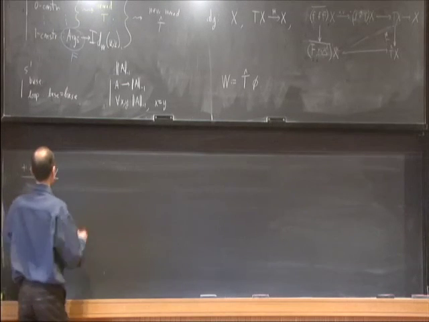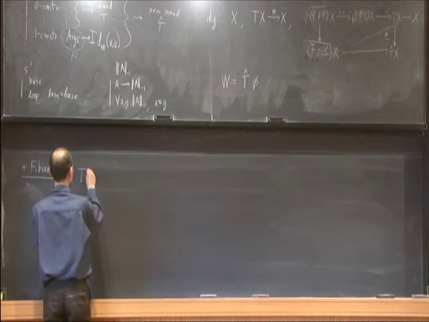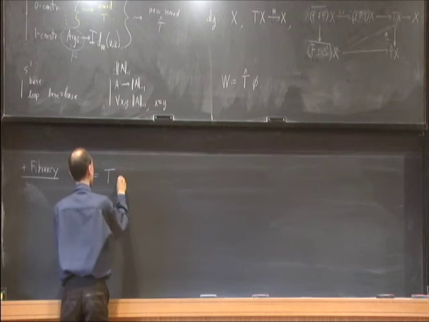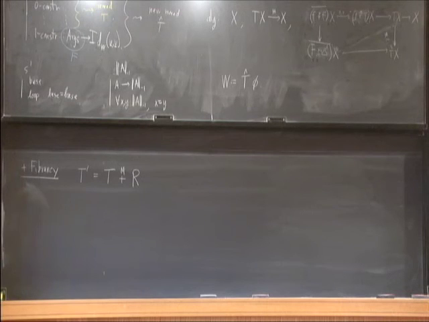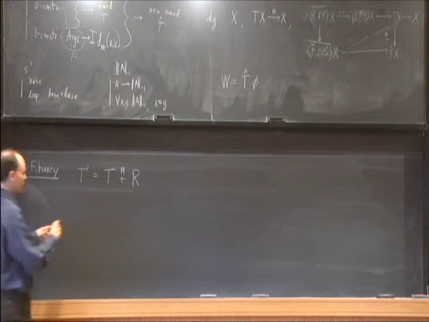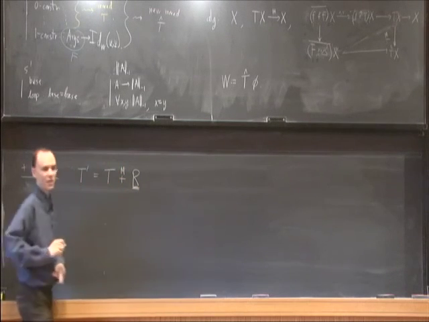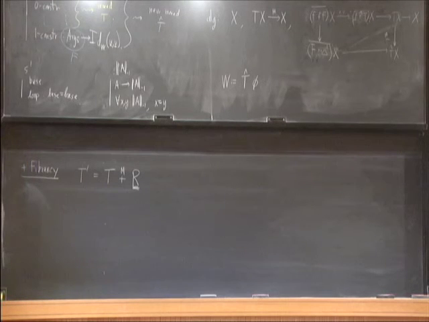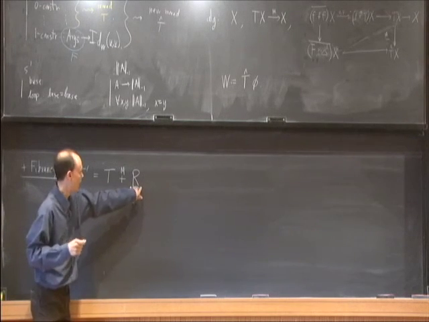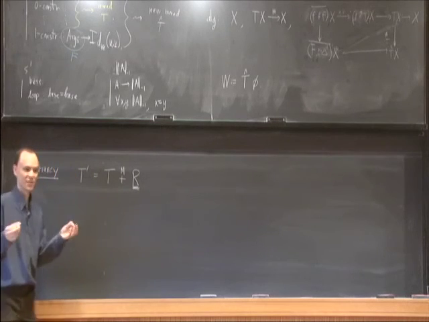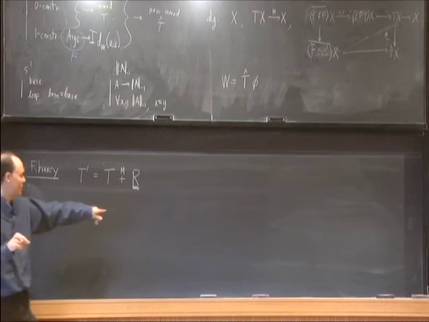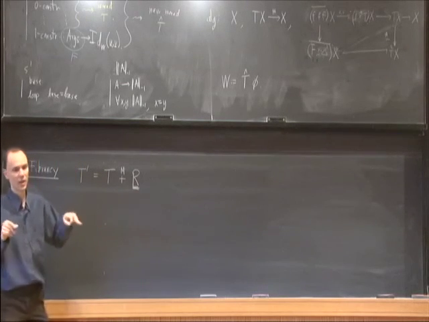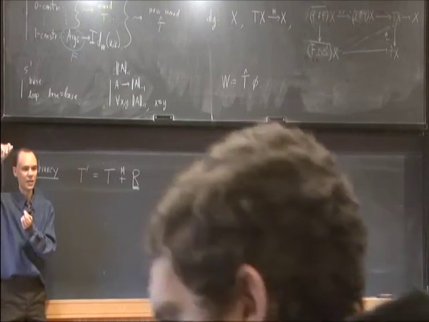So for fibrancy, basically the idea is you take your monad T, and then we take a monad coproduct with a fibrant replacement monad. So the point is that there's an accessible monad whose algebras are structured fibrations with chosen fillers. In the case of simplicial sets, the R algebras are maps with chosen lifts for all of your horns, chosen fillers for all of your horns.